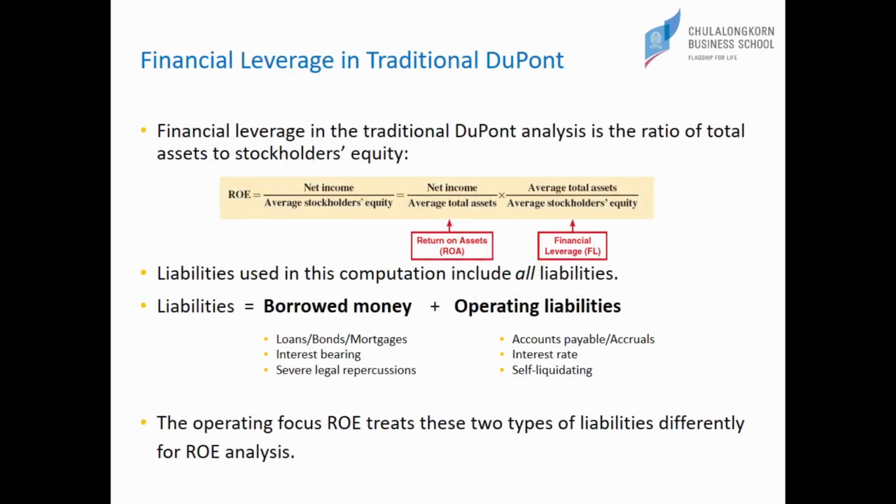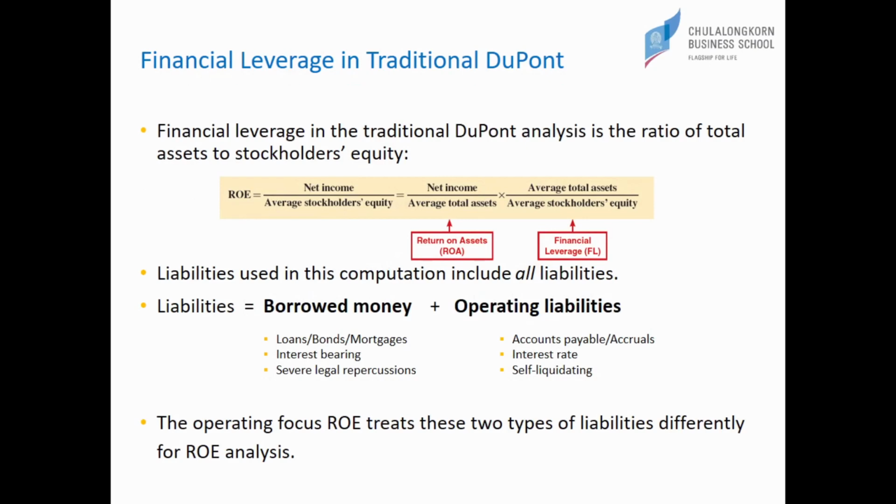So the financial leverage that we saw in the DuPont analysis is the ratio of total assets to total stockholders' equity. Under the DuPont framework, the liability used here actually includes all different types of liabilities. However, under the operating framework, these liabilities can be divided into money that's actually borrowed from loans, bonds, mortgages, for interest, and so on.